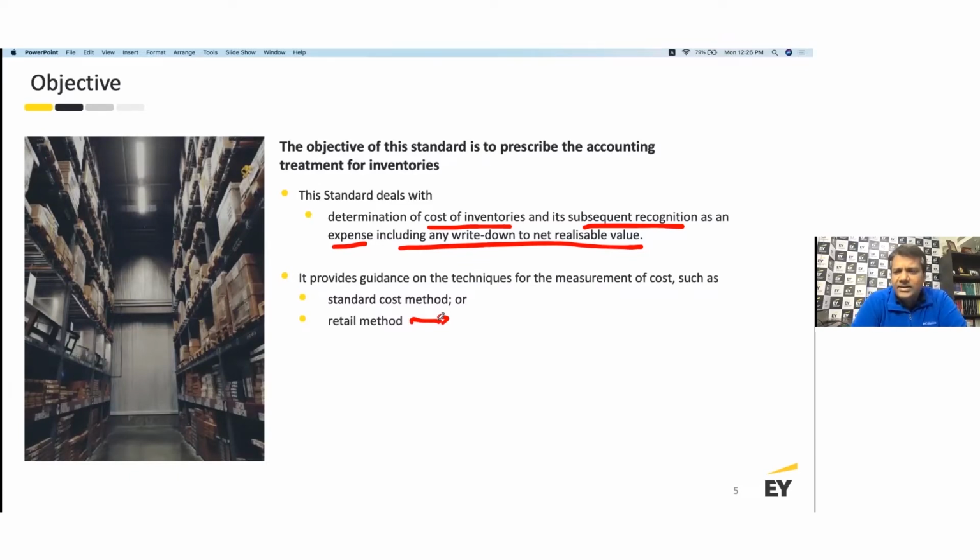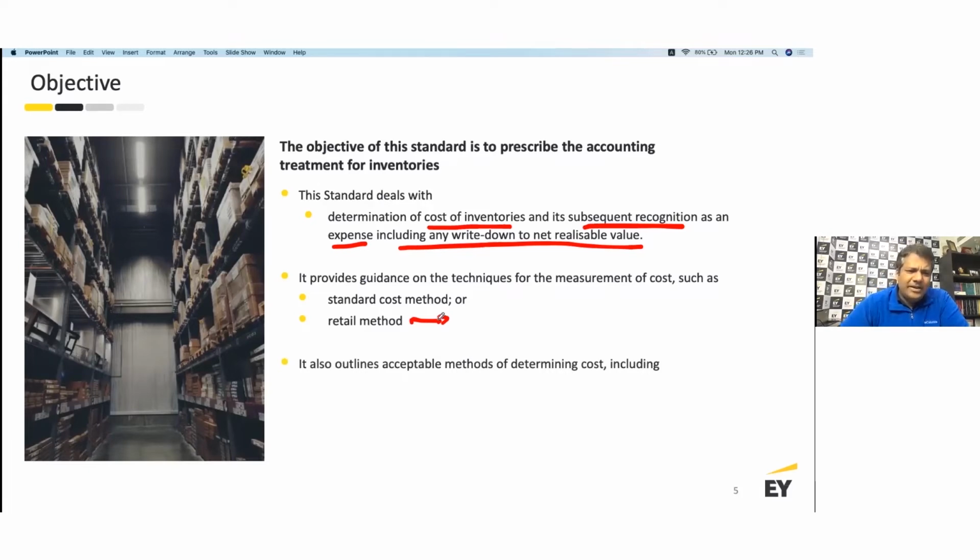If that is 30%, the cost is 70. Because you deal with thousands and thousands of SKUs, you try to use an approximation method to figure out your cost of purchase, right? Or you do a standard costing method. In a lot of the manufacturing industry, we see the standard costing method being used.